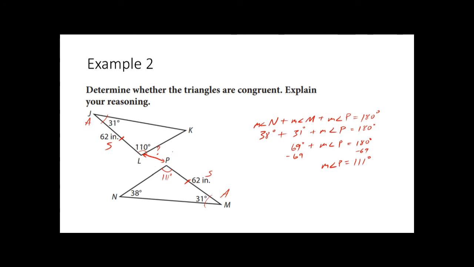So, no. Triangle LJK is not congruent to triangle MNP, since the measure for angle L is not equal to the measure of angle P. So that's the quickest way to make that statement. Make sure I see all your work. If there's homework and whatnot, you definitely want to make sure you write everything out.